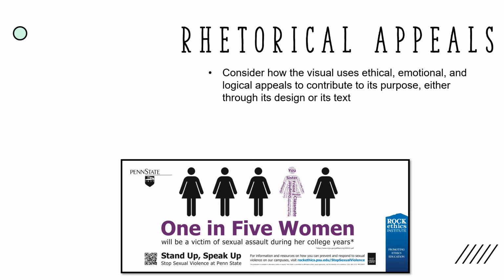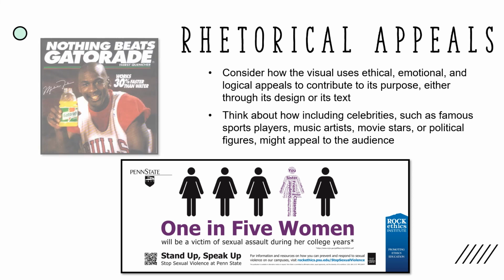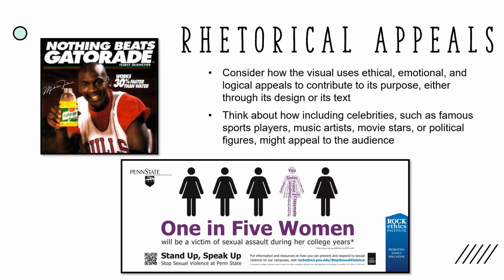Additionally, because it uses statistical facts about the issue from an academic study, it has a strong logical appeal. Plus, it appeals to the audience's emotions because it makes the audience feel empathy for women who are assaulted. Also, think about how visuals that include celebrities, such as famous sports players, music artists, movie stars, or political figures, might appeal to the audience.